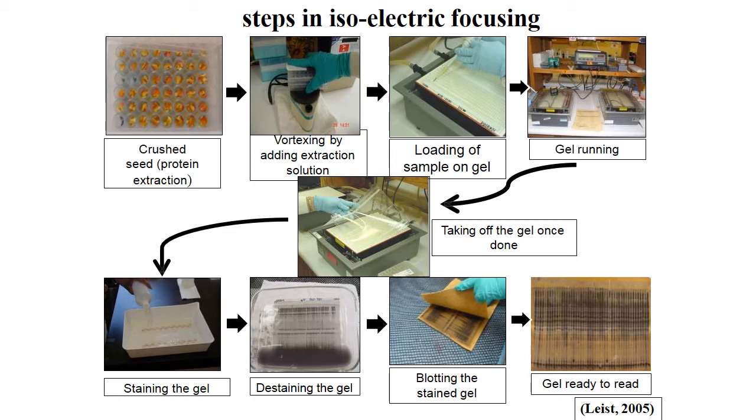After staining, destaining the gel, blotting the stained gel, and gel is ready to read. This is an old technique, but nowadays many advanced techniques are coming where the steps followed are very less and within an hour the results are obtained.